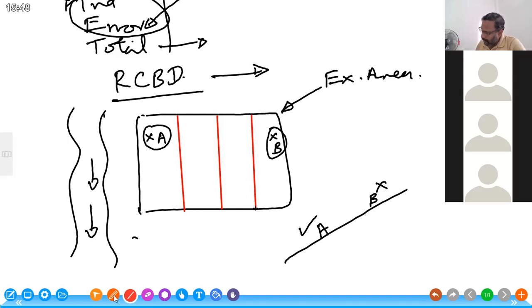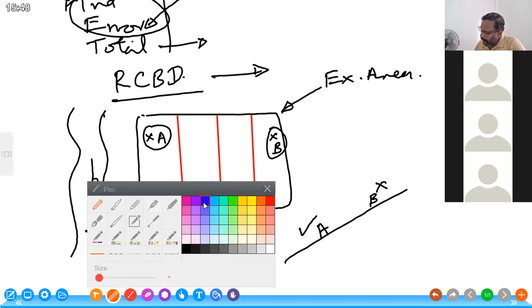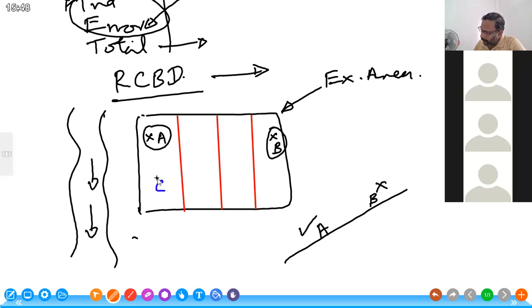If I say C, what do you think about sites C and A? Do they have the same moisture level or different moisture? Same. So this is, let's say, block 1. This is block 2, block 3, block 4, as an example.